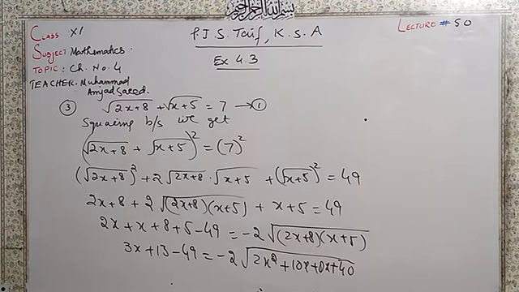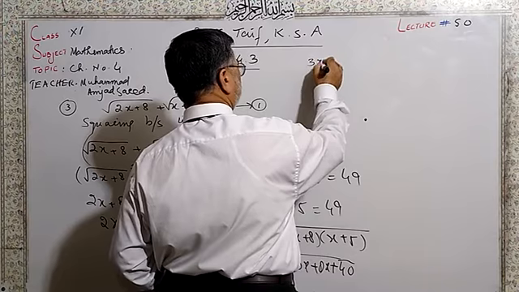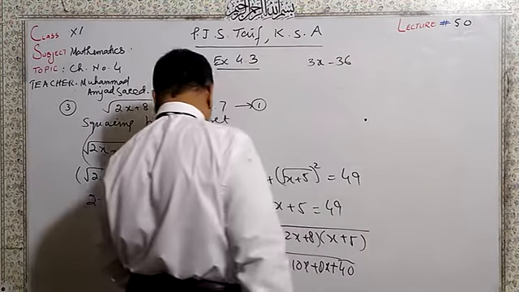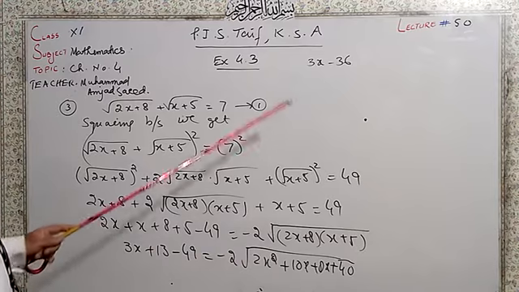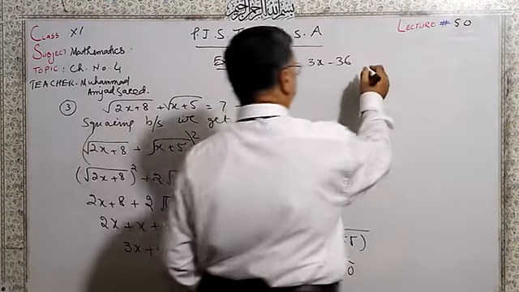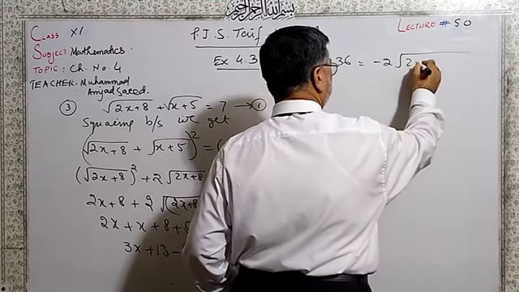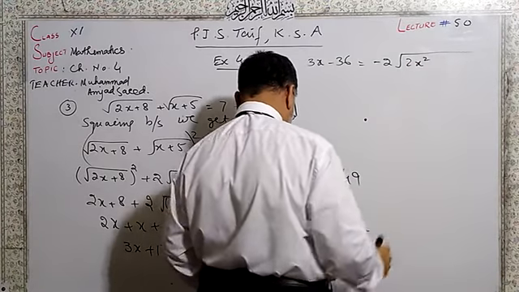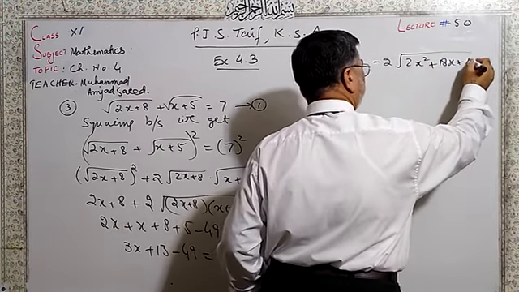So we have 3x minus 36 is equal to minus 2 into the square root of 2x square plus 18x plus 40.